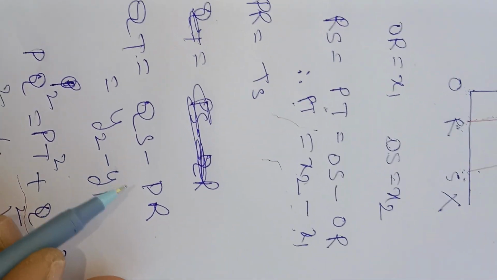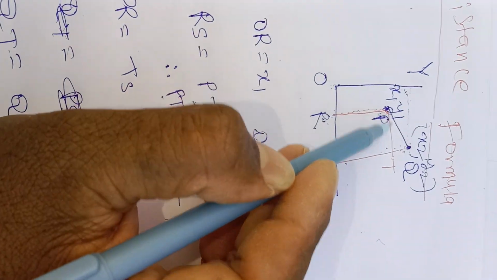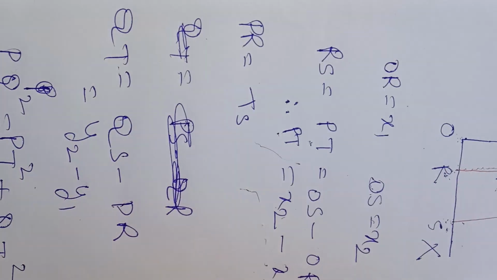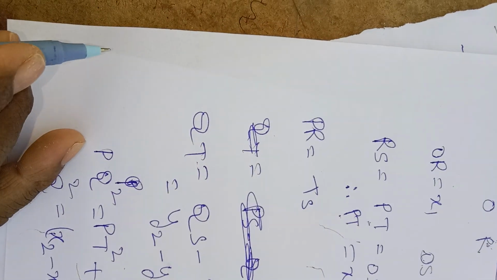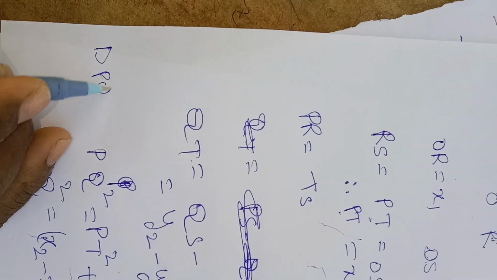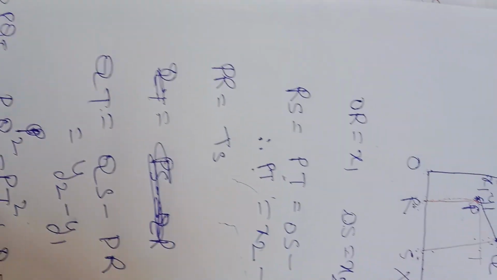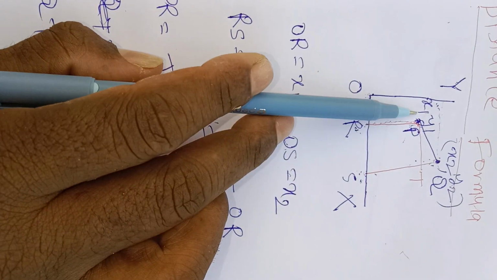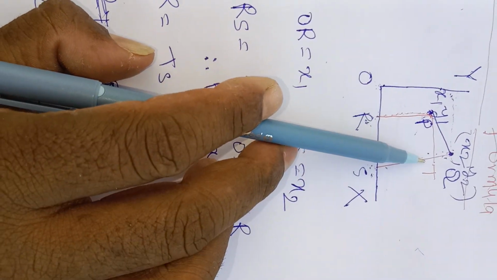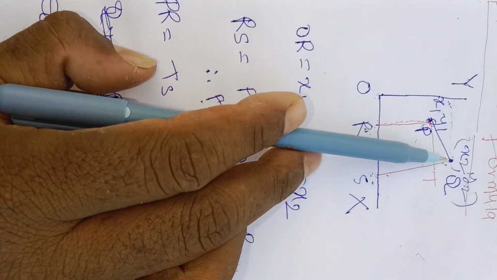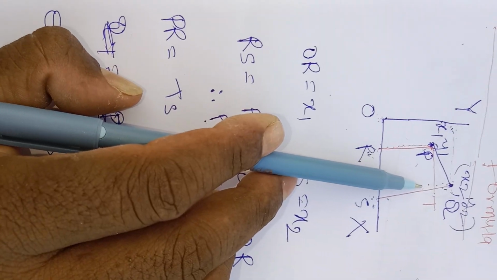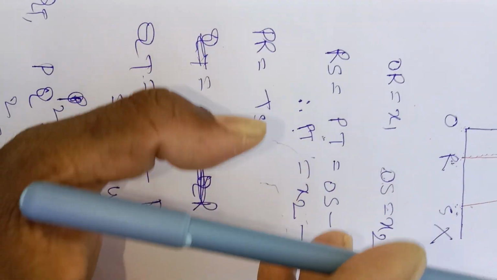Next, from the Pythagoras theorem, in triangle PQT, hypotenuse square is equal to adjacent side square plus opposite side square.